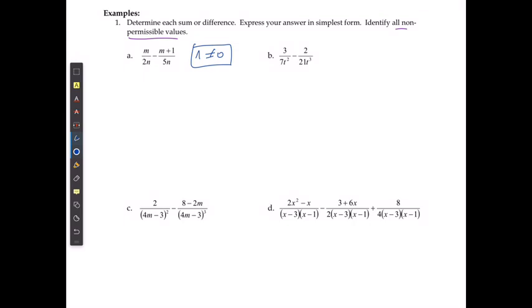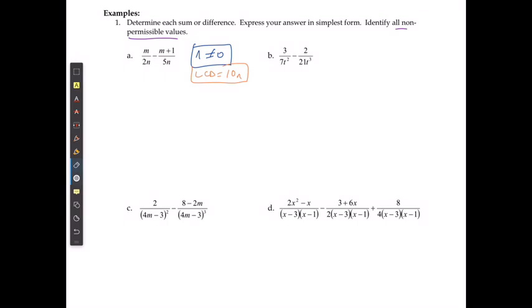The second thing is I'm going to find what the common denominator is between these two. Well, they both already have an n, so I'm just looking at the coefficients, and the coefficients are 2 and 5. I'm going to say my lowest common denominator is going to equal 10n. They both have to have an n, and then the coefficients are going to have a common multiple of 10.